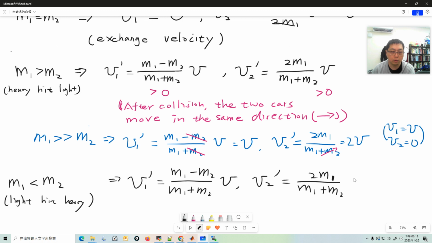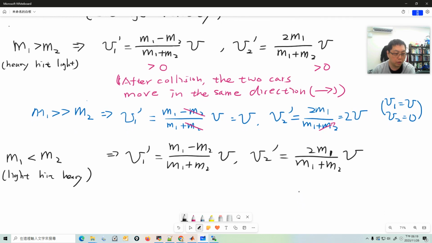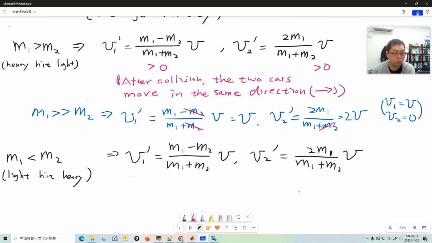When M1 is smaller than M2, V1 prime will be smaller than 0. And V2 prime, everything is positive, so this is greater than 0.